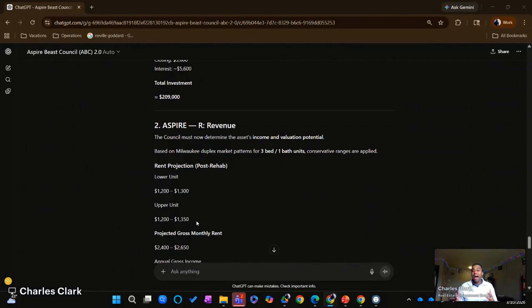Most of the time, people buy properties that are fully rented, and now you try to get a hard money loan, and you run into that problem, because now you can't fix that property up the way you need to, because you have tenants in there, and now you have to try to work around them.